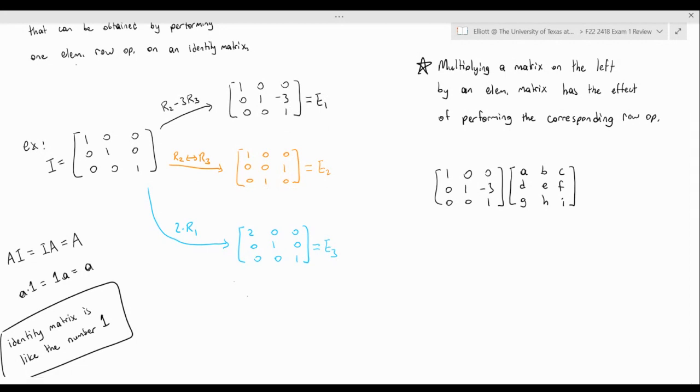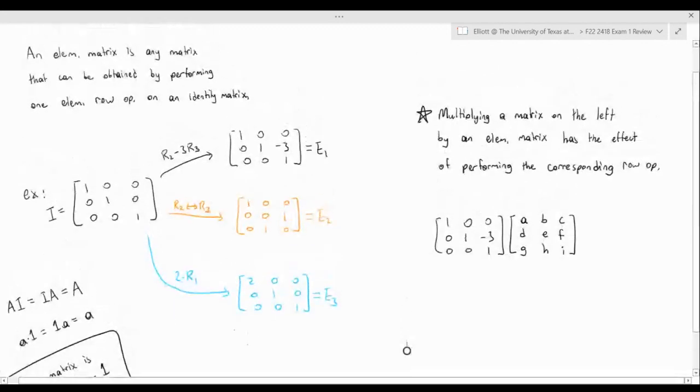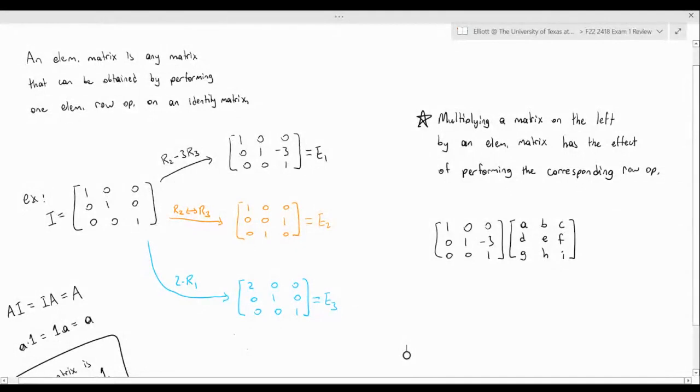And lastly, the third type of elementary row operation is multiplying a row by a non-zero number. If we perform that on the identity matrix, it gets us another elementary matrix, okay? So again, an elementary matrix is a matrix that can be obtained by performing 1 elementary row operation on an identity matrix, okay?